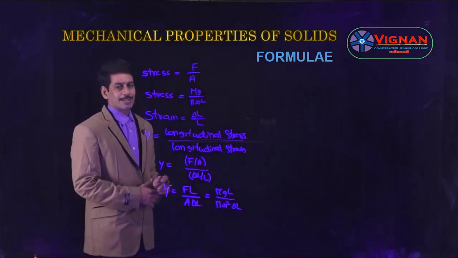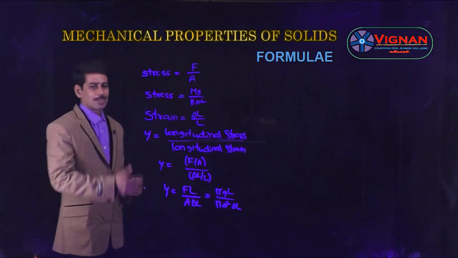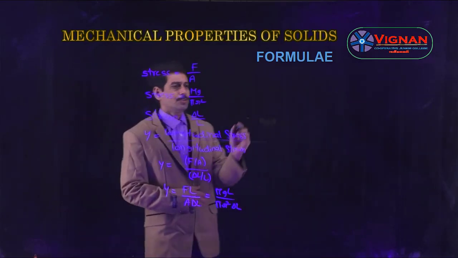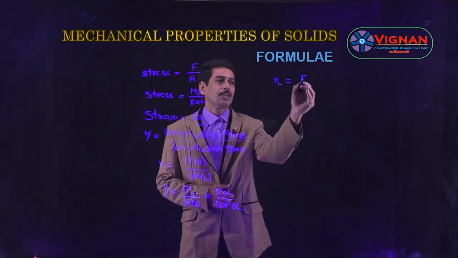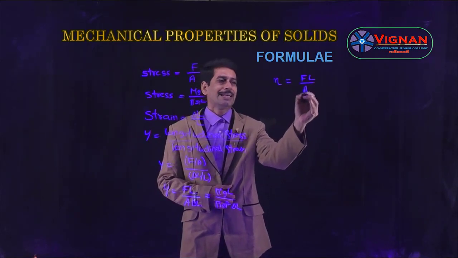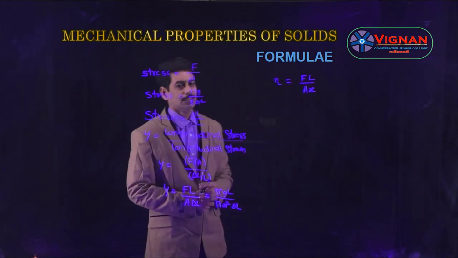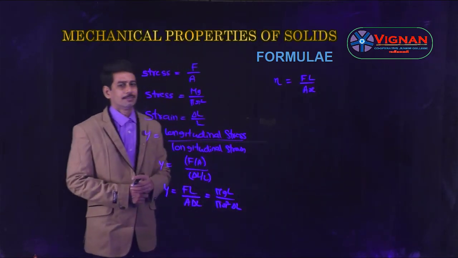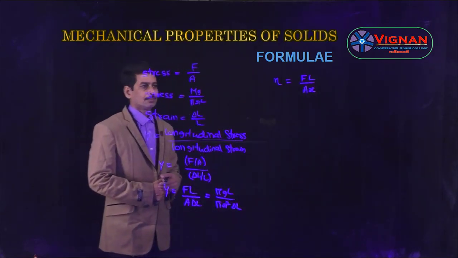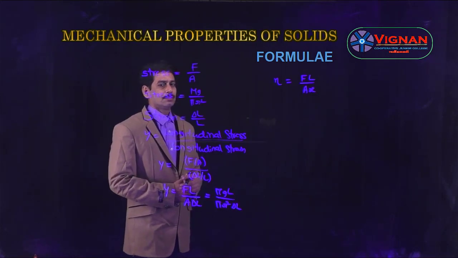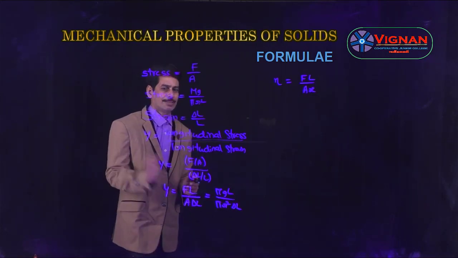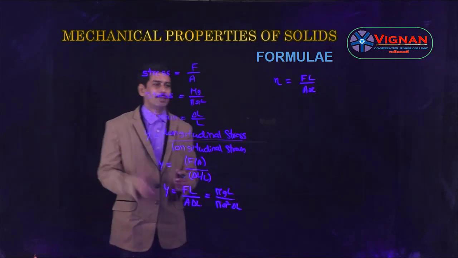And we know there are three types of modulus of elasticity. This is about Young's modulus. Coming to rigidity modulus, it is also equivalent to FL by AX. Here F is the force acting, A is the area of cross section, X is the relative displacement, and L is the perpendicular distance.